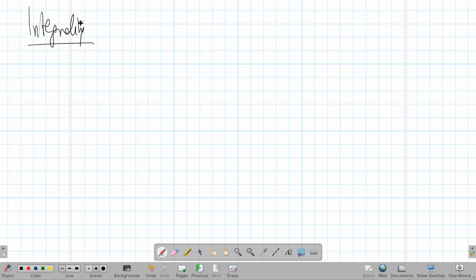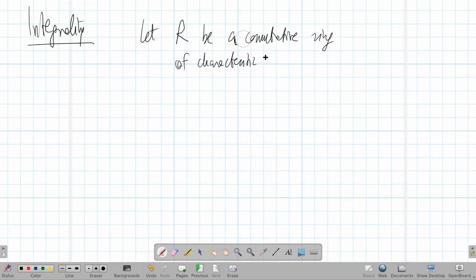But there is a slightly more general concept which says the following: let R be a commutative ring, so an arbitrary commutative ring, not necessarily the complex numbers or the like, of characteristic 0. I have never mentioned it explicitly, but these are unital rings. There is a ring with unity, okay?